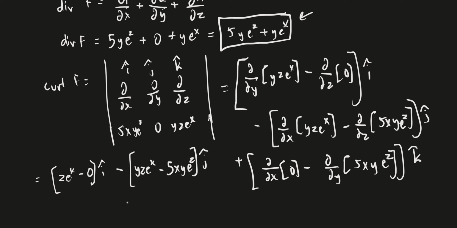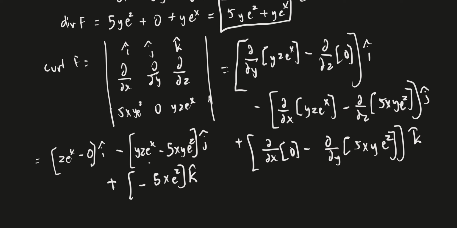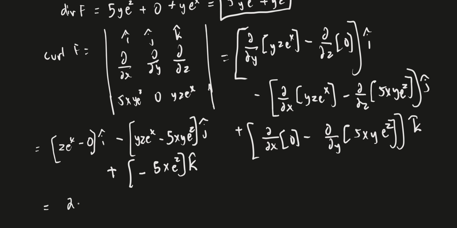And then j, okay, plus, negative I should say, 5x e to the z, k. Converting back and forth should be pretty easy for you at this point. But yeah, it's gonna be 5xy e to the z minus yz e to the x.